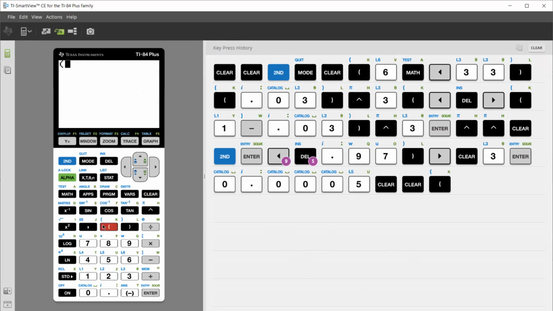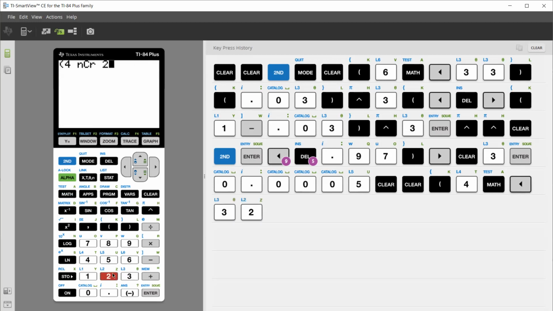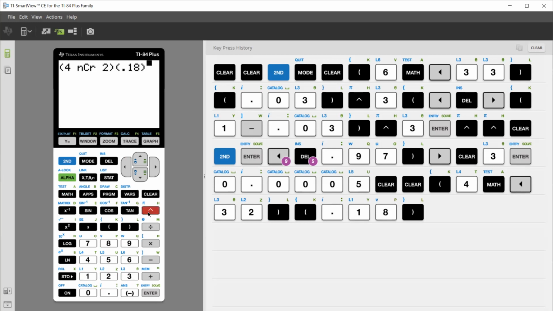For letter B rather, N choose X, so it's going to be 4 choose 2, math, probability, nCr. 4 choose 2 times P, which is 0.18, raised to the X power, which is 2.